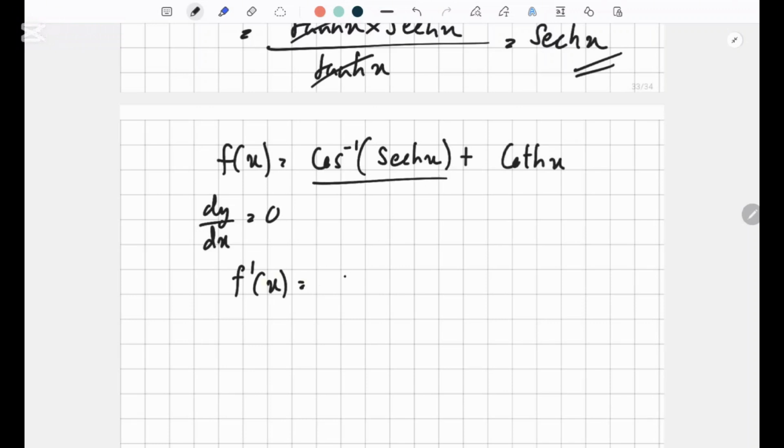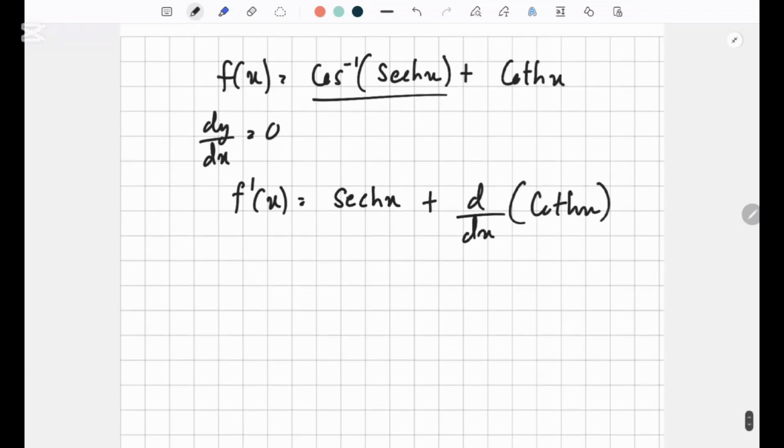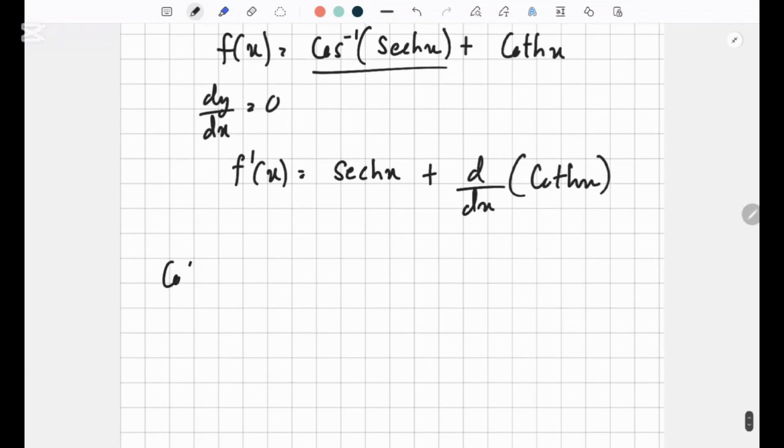This part we found earlier, which is sech x. And now we have to differentiate coth x, right? So what's the differentiation of coth x? We can write coth x as 1 over tanh x, which is cosh x over sinh x.